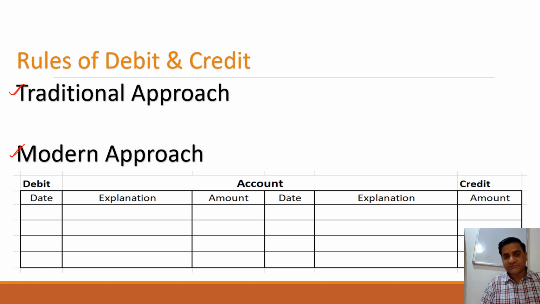The traditional approach was discussed at length in the previous video with almost 8 to 10 transactions, wherein we saw which account to be debited and which account to be credited, and the logic behind that. In this video we'll be talking about the modern approach, also called the American approach.